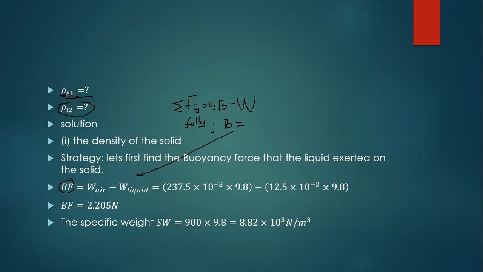The buoyancy force will be equal to the weight of the object in air minus the weight of the object in the liquid. Are we together there on the clarifications I've made? Are we together there?